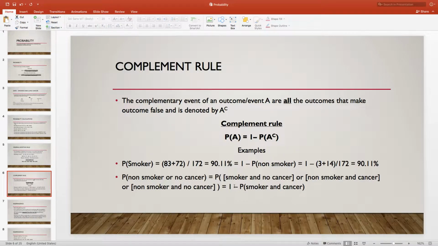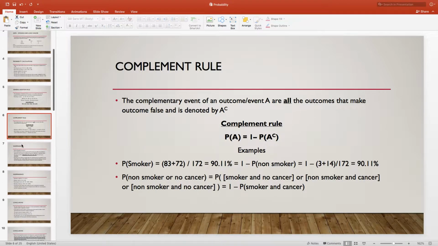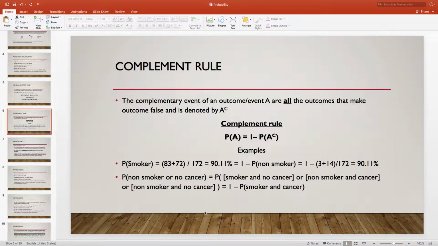Or I could just do 1 minus the probability of being a smoker and having cancer. And this last one is much easier to calculate rather than having to add up all those other probabilities. So sometimes it's more convenient to use the complement rule.